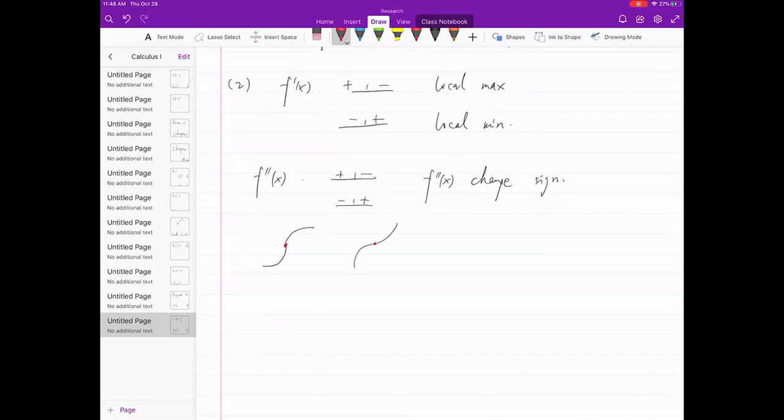Sounds good? We call those inflection points. We don't differentiate between going from positive to negative or negative to positive. We just call them inflection points all the time. That corresponds to where your f prime prime x changes sign.